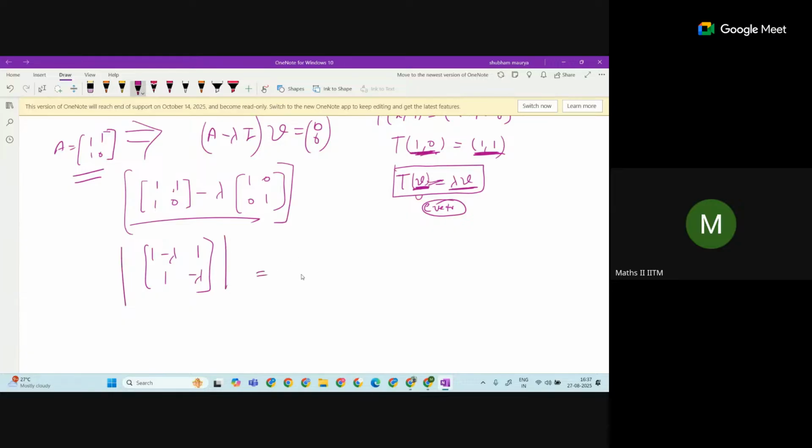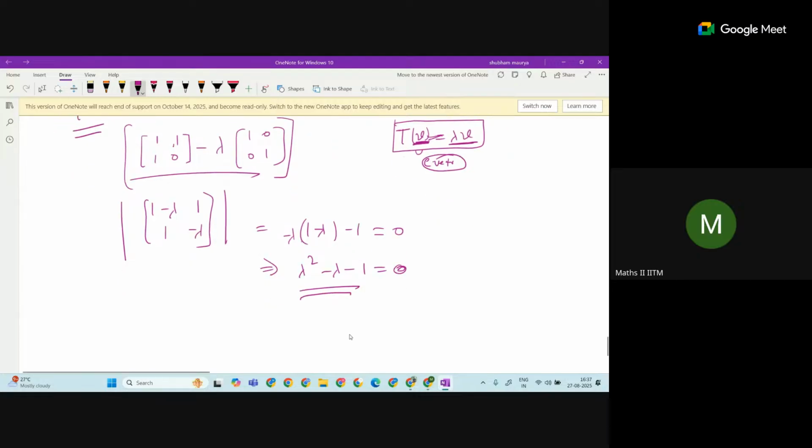This is going to be (1 − λ)(−λ) − 1 = 0. So this will be λ² − λ − 1 = 0. Now you have a polynomial, and you have to find the roots of it.